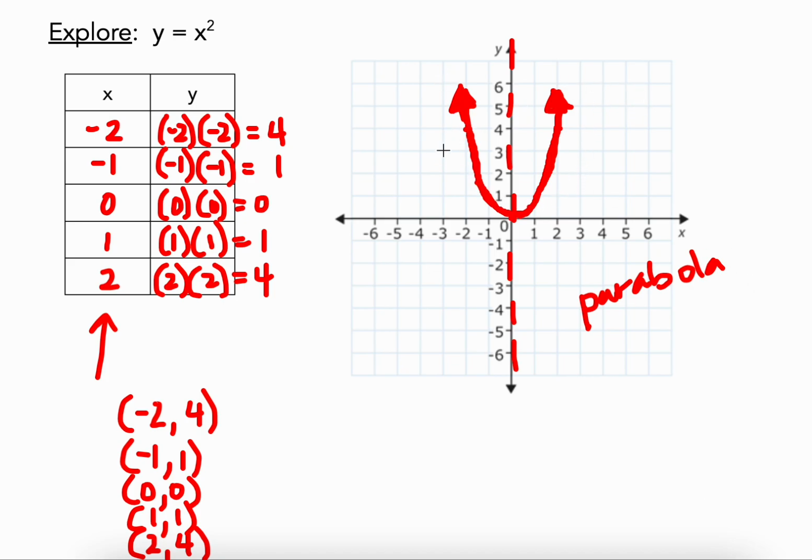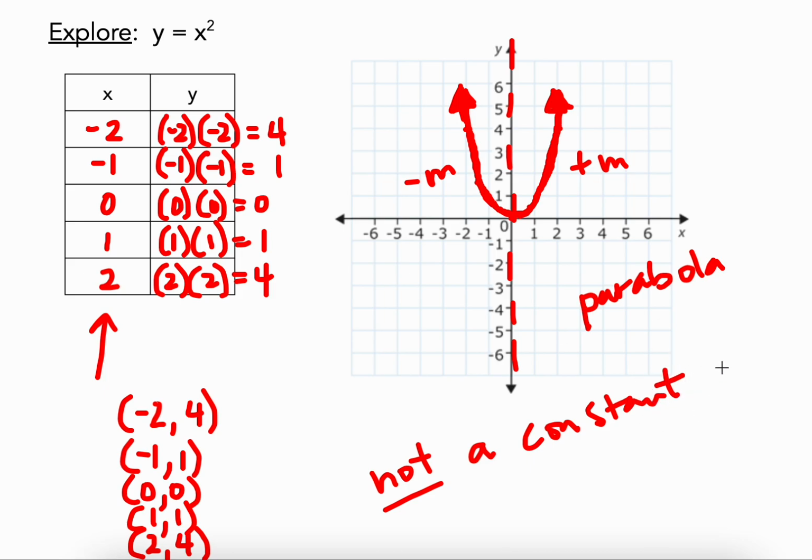It does not, because at first your slope is negative, it's decreasing, then it kind of levels out for the curve, and then your slope goes back up and it's increasing. So this is not a constant rate of change. Okay, so quadratic graphs do not give you a constant rate of change, and they have a curve because of that x squared.